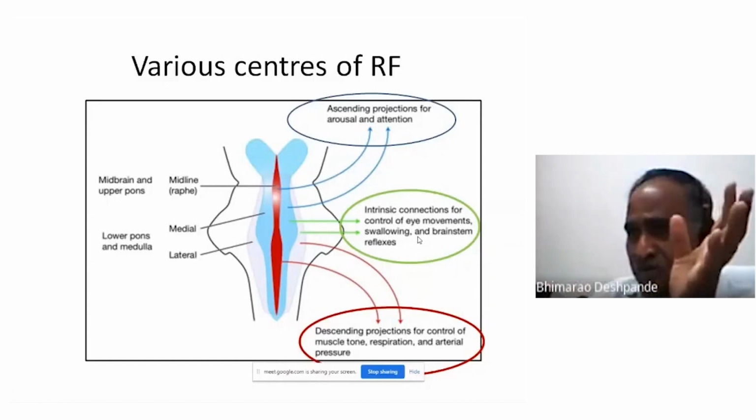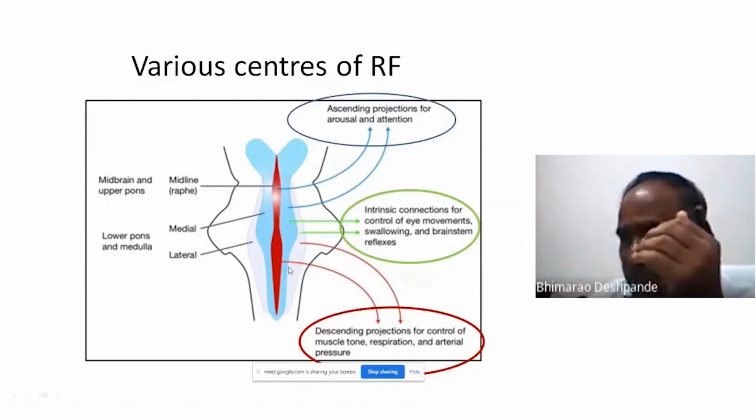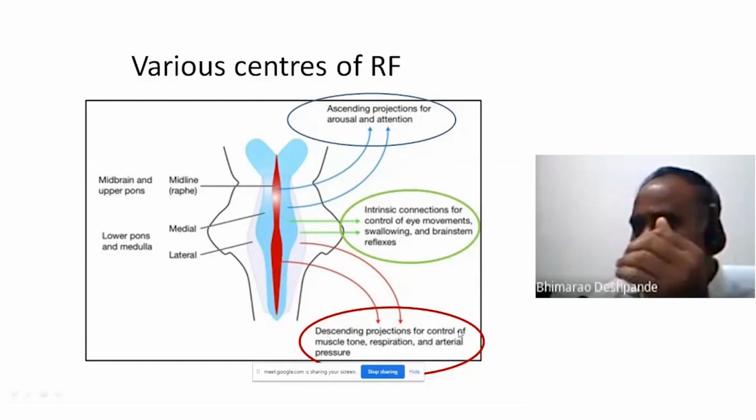Then we have the descending projections, one from the raphe, the second from here, and the third from here. They are necessary for control of muscle tone, respiration, arterial pressure, and the motor activity.